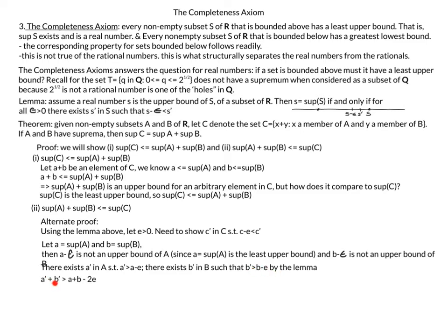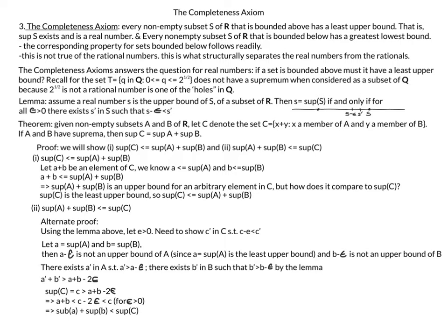Then A prime plus B prime is greater than A plus B minus 2 epsilon. What we have then is sup C is equal to C, which is greater than A plus B minus 2 epsilon, since C is an upper bound.